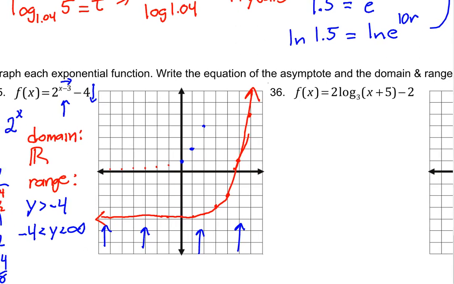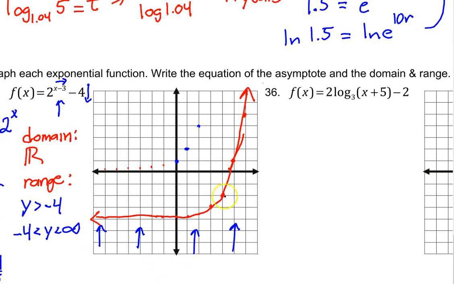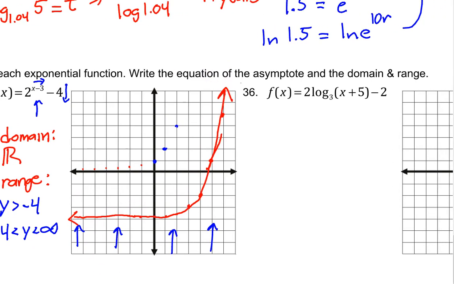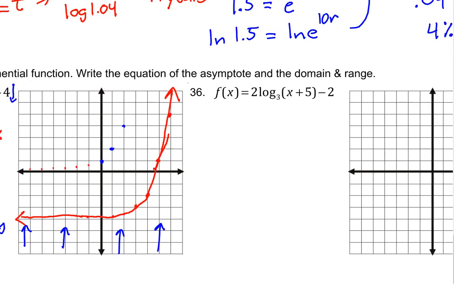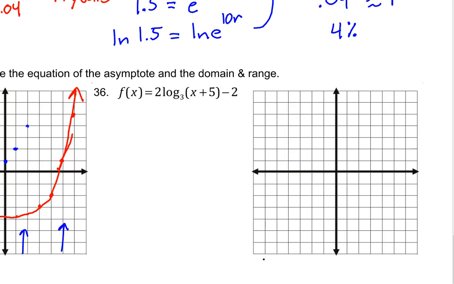So now let's graph the logarithm. So it's going to look very similar to an exponential graph, but it's going to be rotated. Right, so we have a parent graph that usually starts at an asymptote of 0, right?